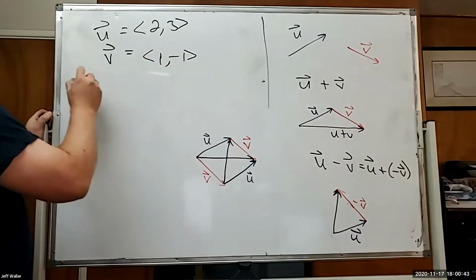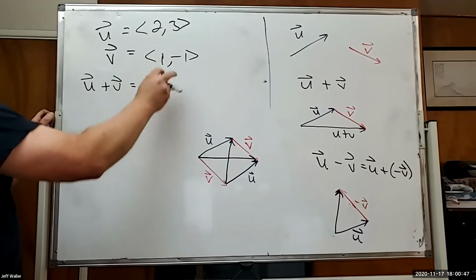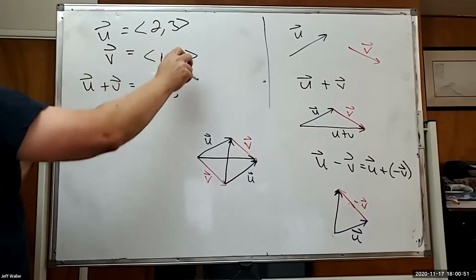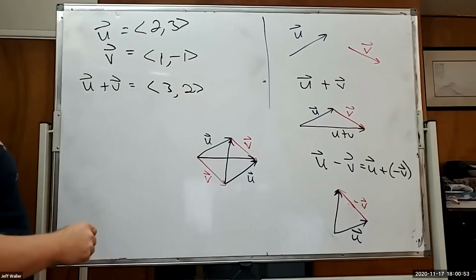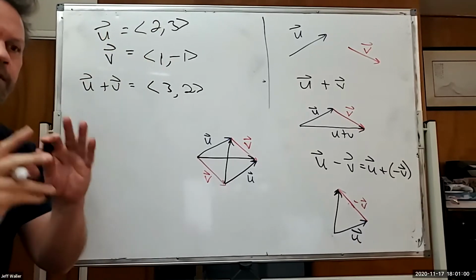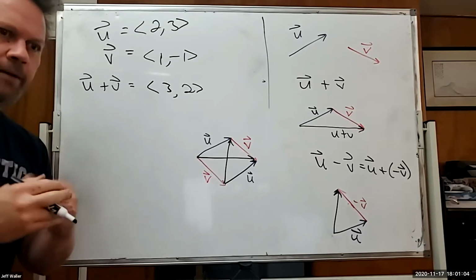U plus V is actually, of course, just, you guys might have seen this coming: 2 and 1 is 3, 3 minus 1 is 2. You just add the components together. We're going to look at this in a different way in a minute, but I'm almost certain some of you guys kind of felt that coming.